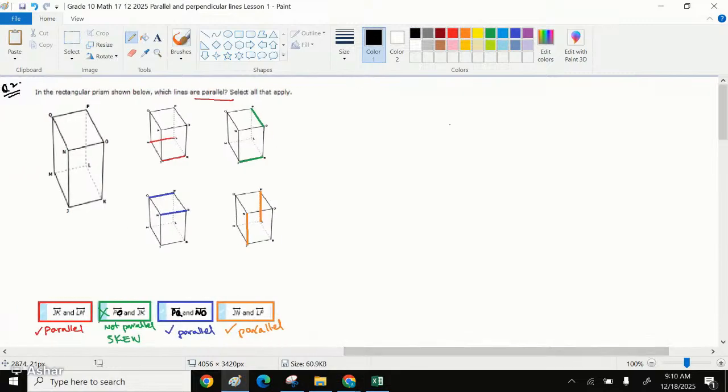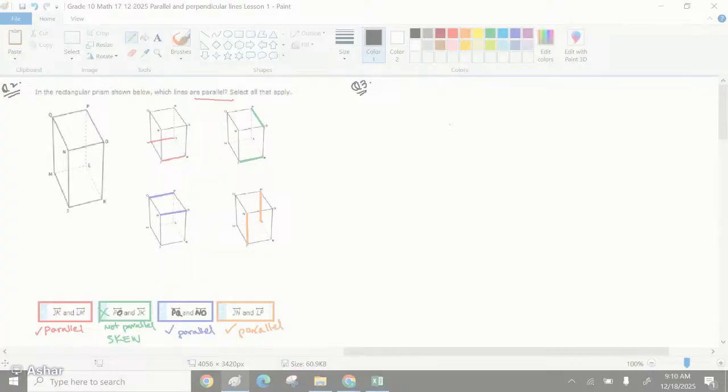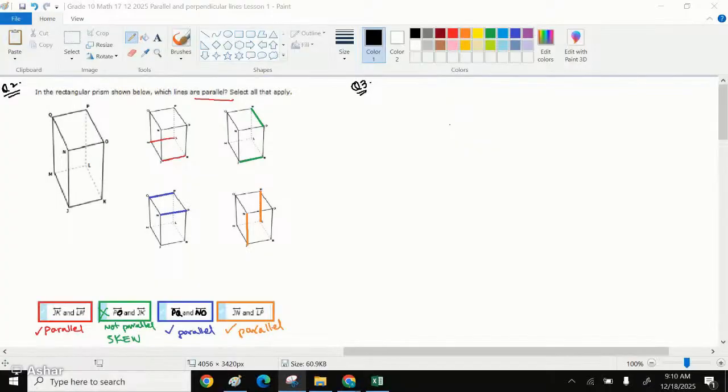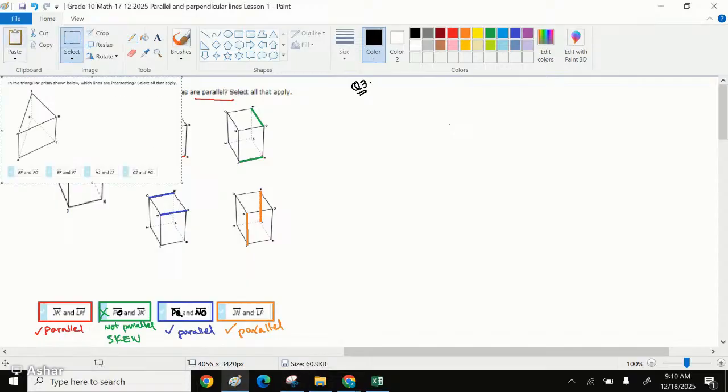In question number 3, let's see what they're asking us. It's a triangular prism and we need to see which lines are intersecting.